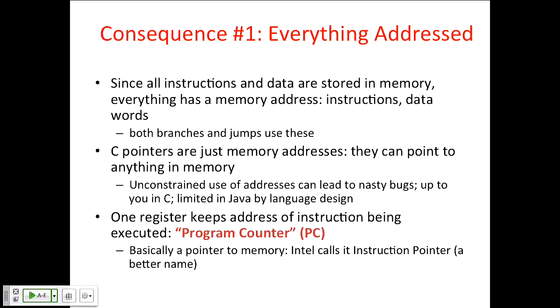The ARM processors used in iPhones, Android phones, and lots of other places use a completely different bit encoding. So if you want to take your C code and run it on two different kinds of machines, you have to recompile, and the compiler will generate the appropriate bit patterns representing the instructions for each of those different ISAs. The idea of binary compatibility is that two machines are binary compatible if they can run the same binary programs. I can just take the compiled code and run it on these different machines.